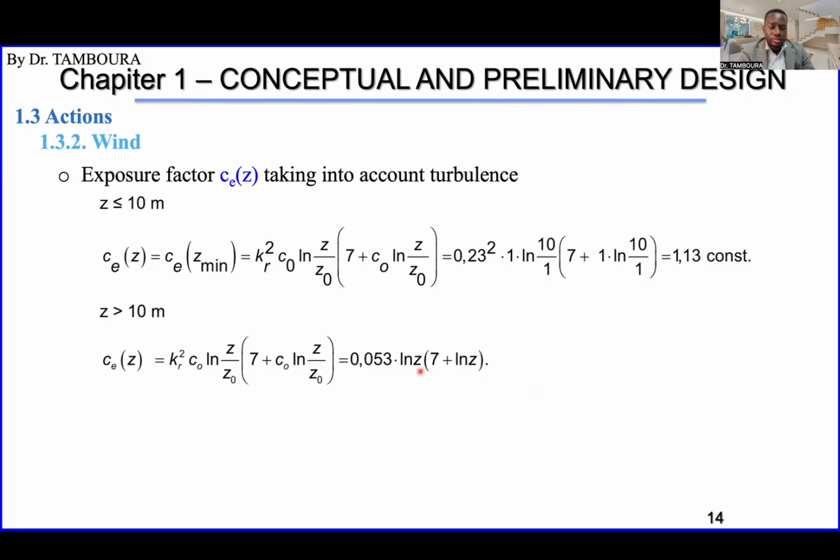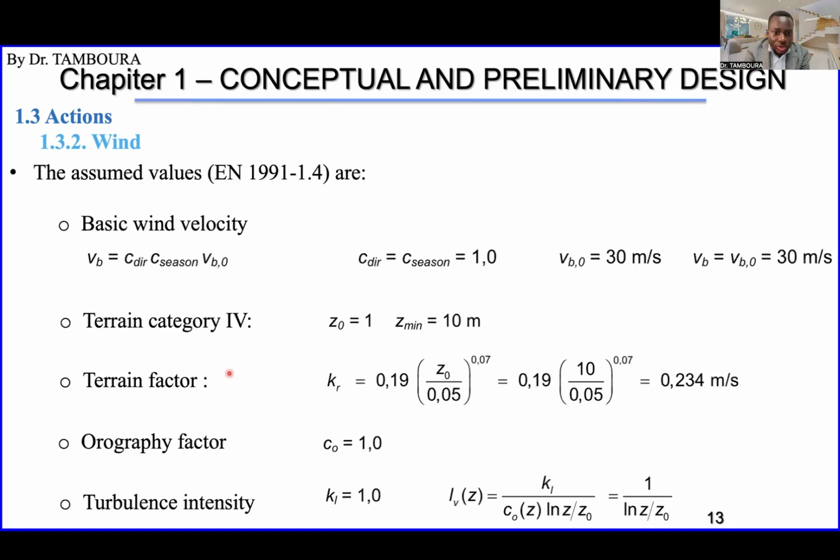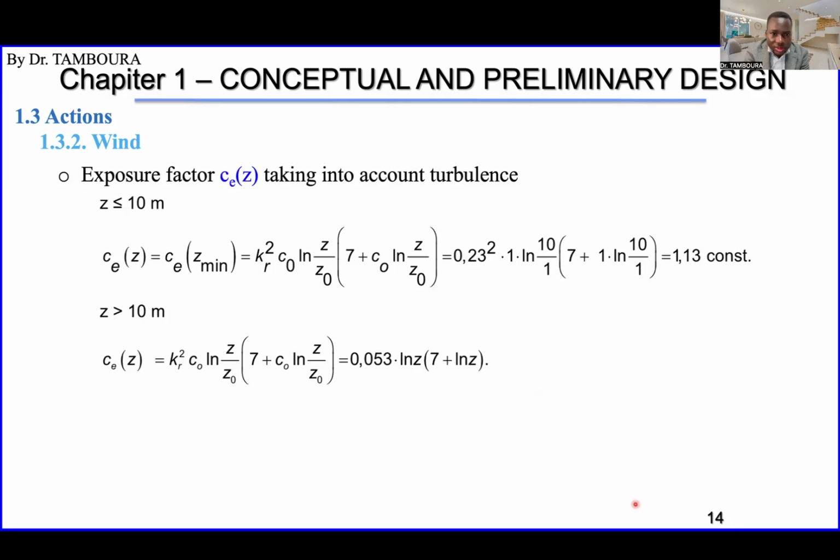Now it's not a constant value anymore. But here also we need KR, C0, and also this ln of Z over Z0. This one is the minimum, and this one is increasing with the height Z. And basic velocity pressure now.